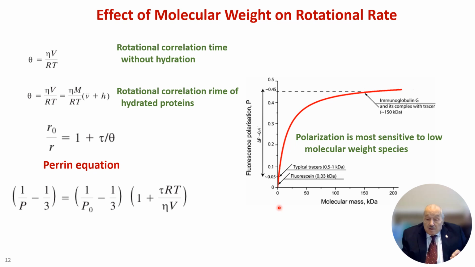You'll see a quite low polarization. A molecule like an immunoglobulin has a very high polarization, so we start here with a smaller molecule and we go all the way up here for the immunoglobulins basically at the starting fundamental anisotropy.